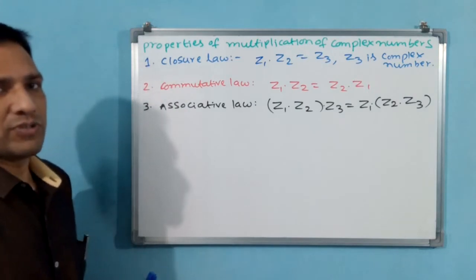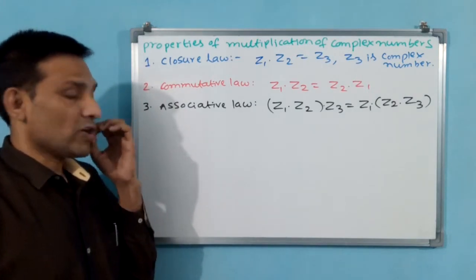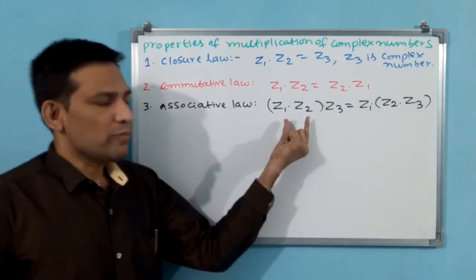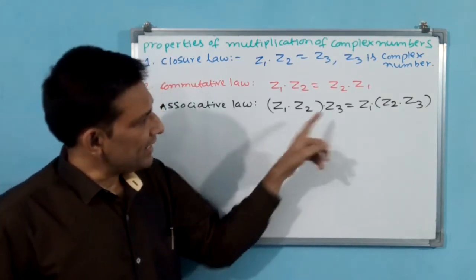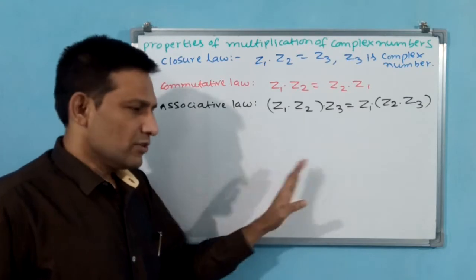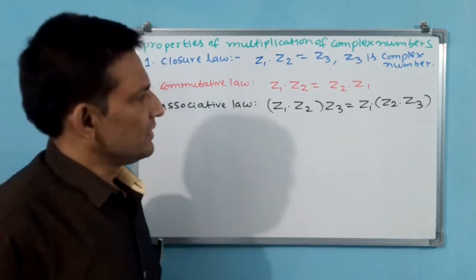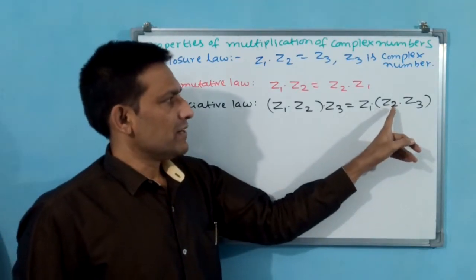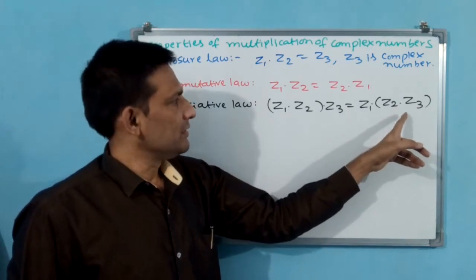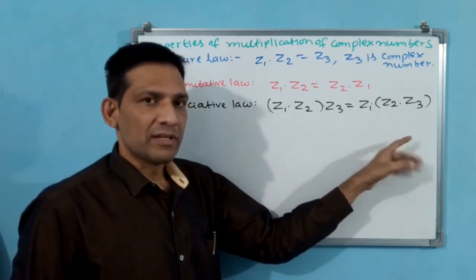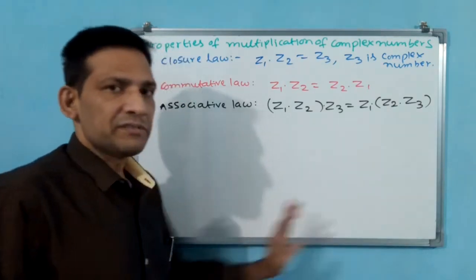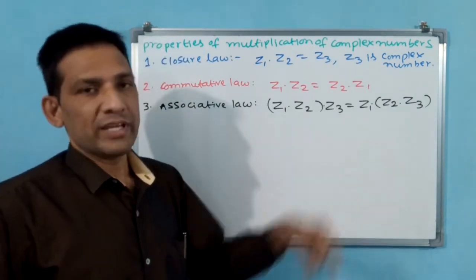This is called associative law. First you multiply Z1 and Z2, take that result, and again multiply it with Z3, and keep aside the result. Go for RHS: first multiply Z2 into Z3, then again multiply that result with Z1. Keep aside. Both results will be the same. Like that we came to know.